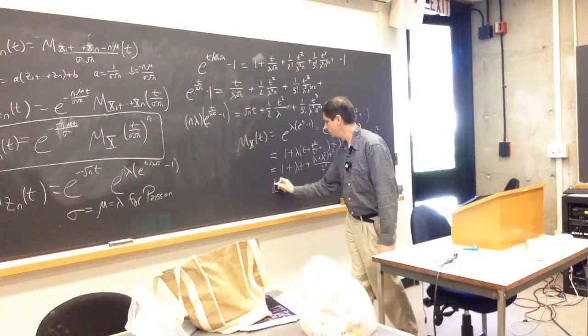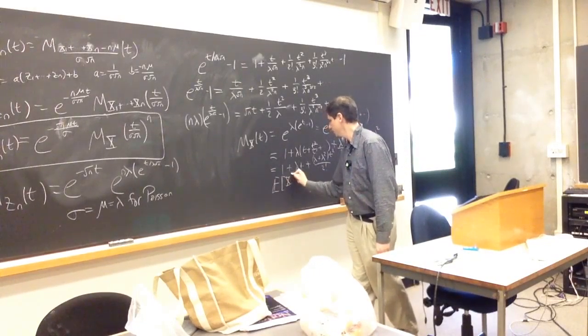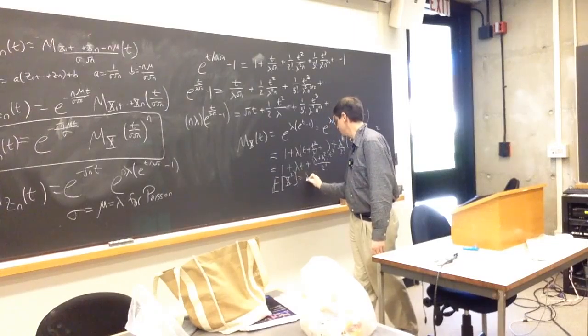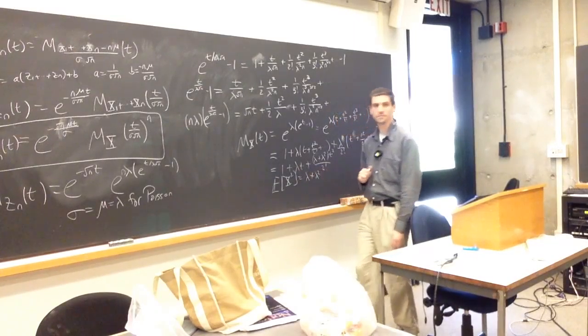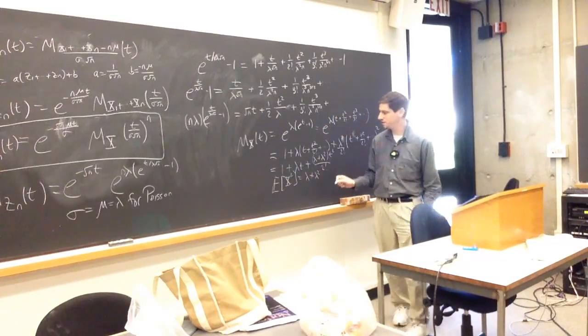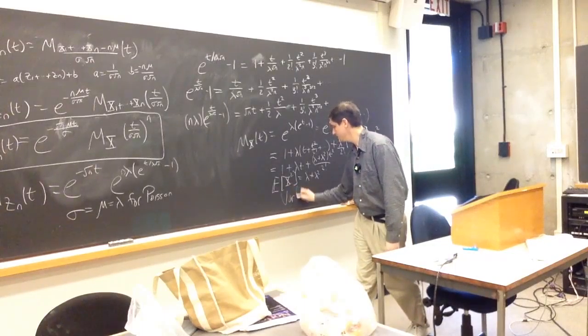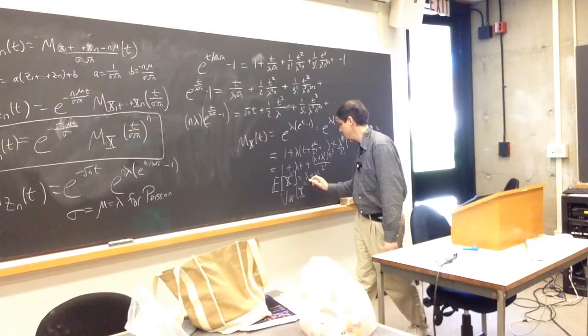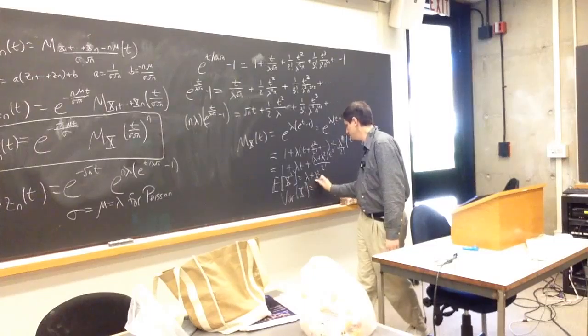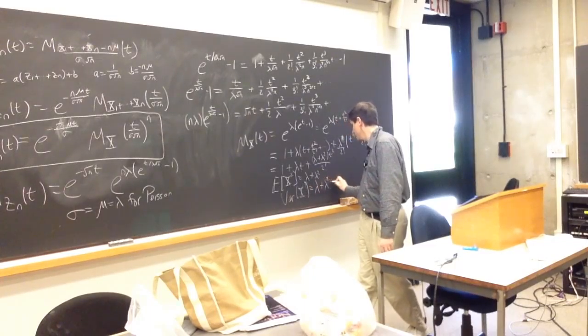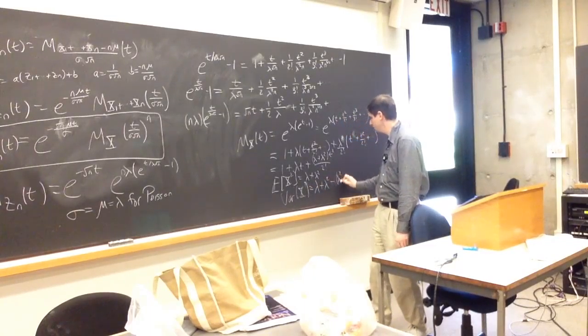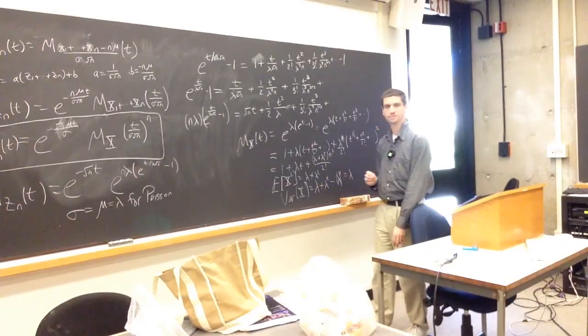So the expected value of x squared for Poisson is lambda plus lambda squared. So when we subtract the mean and calculate the variance, the variance of x is going to be lambda plus lambda squared minus the square of lambda, which is equal to lambda.